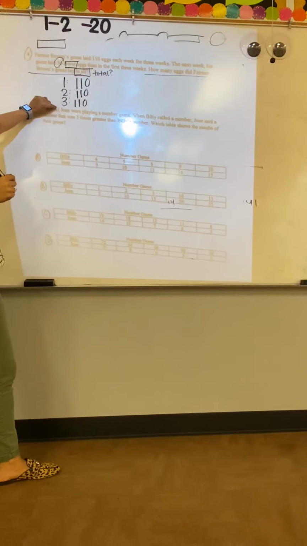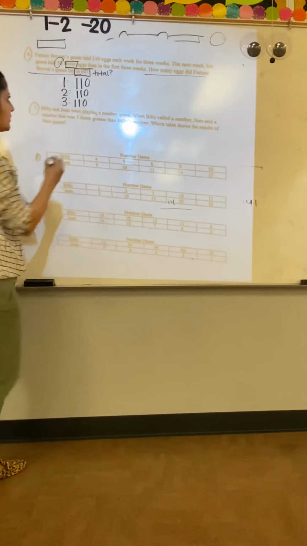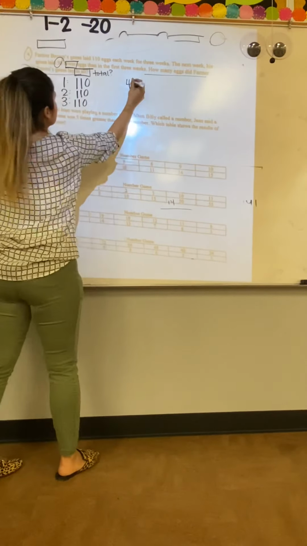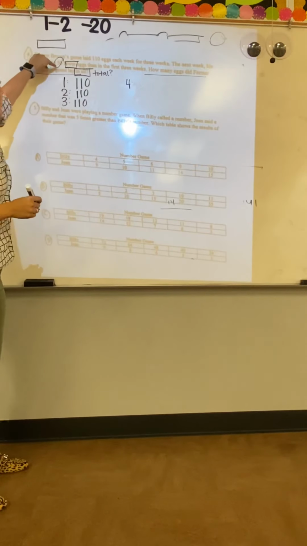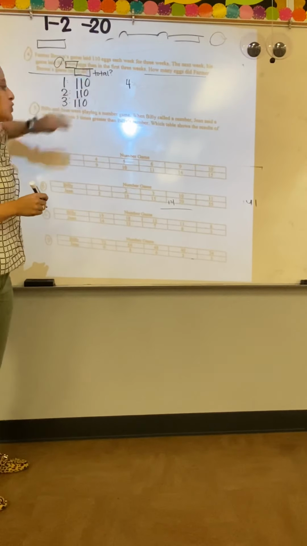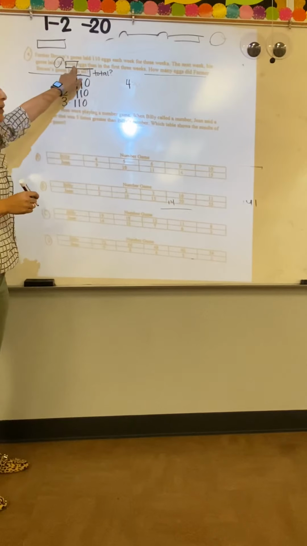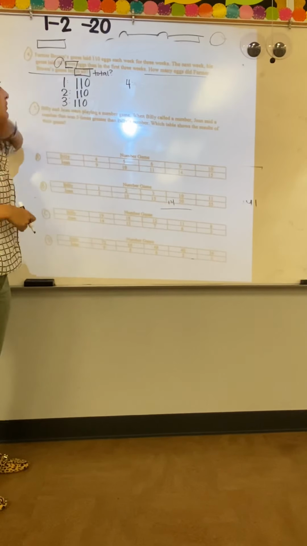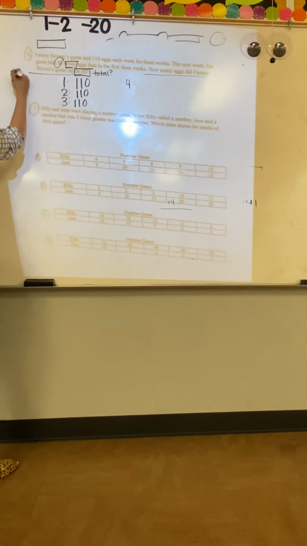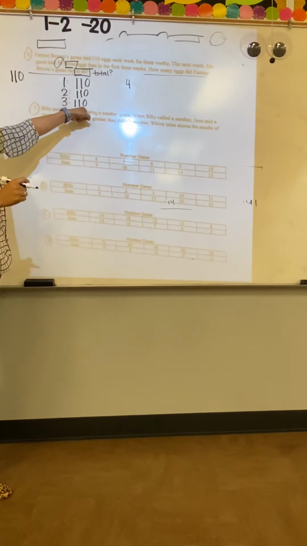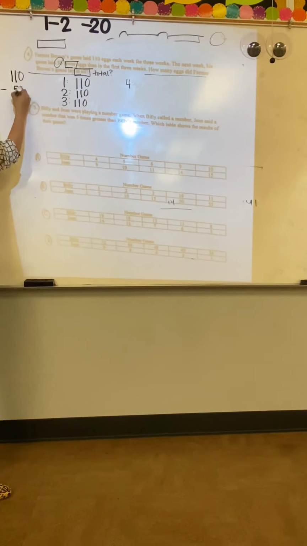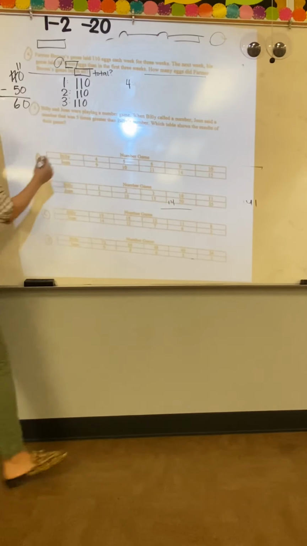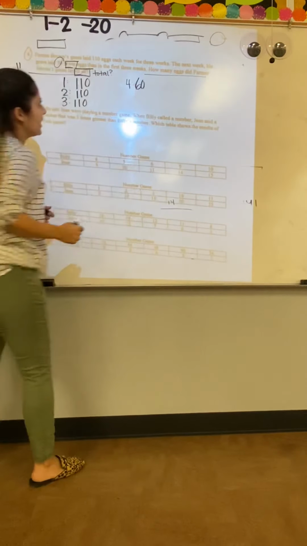But then the week after that, the 4th week, the geese laid 50 fewer than in the first 3 weeks. Well, I know that that keyword fewer means less. I'm decreasing my number. So I'm going to take my 110 that the geese laid in those first 3 weeks and then subtract 50. So we have 60 eggs.